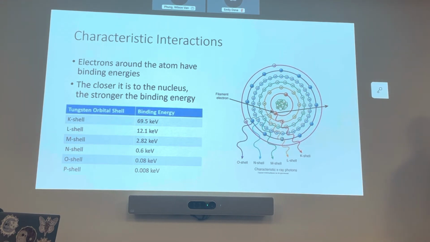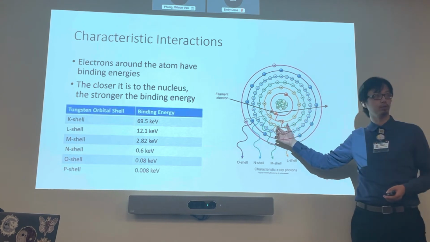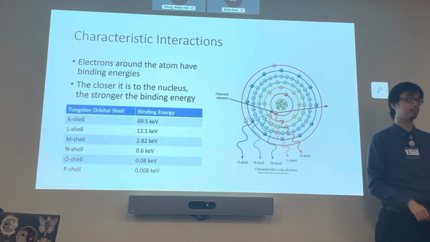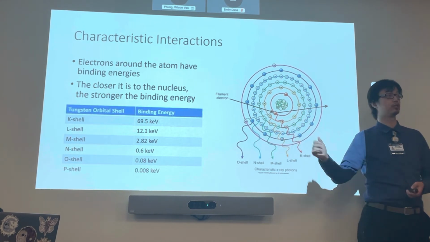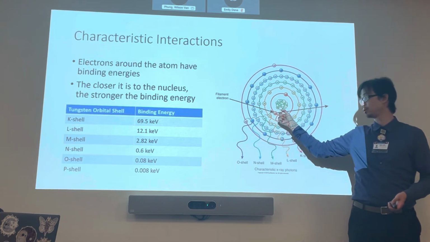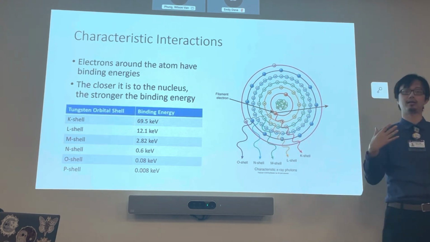Yes, Cody. I don't know if this matters, but why would you choose one shell over the other? And can you even target one shell over the other? All right, great question. So we are not able to control what happens inside the atom, right? We can't even control the fact that the electron will hit the K shell. It is all luck.